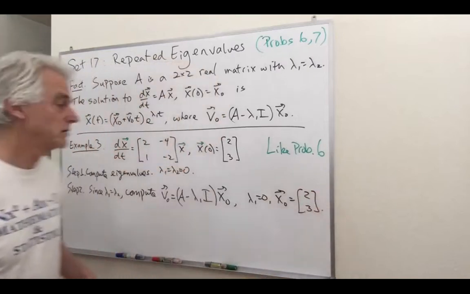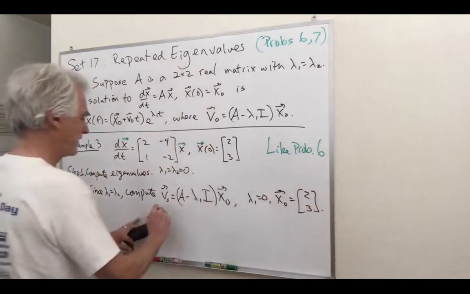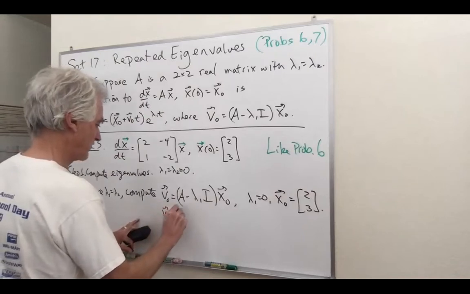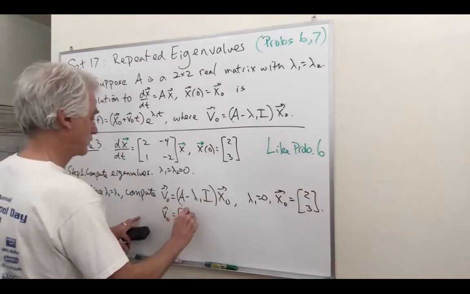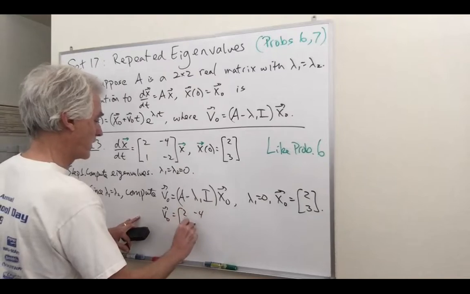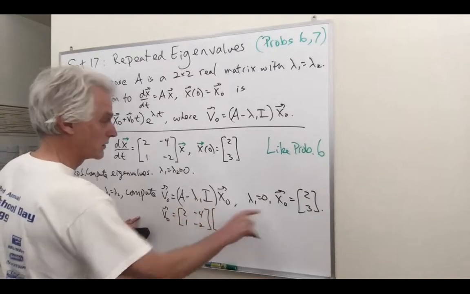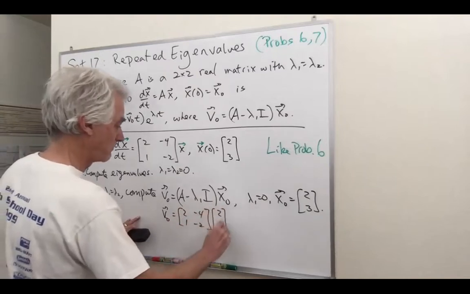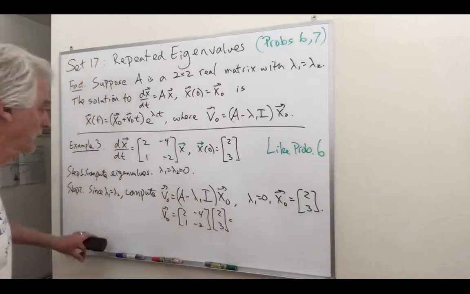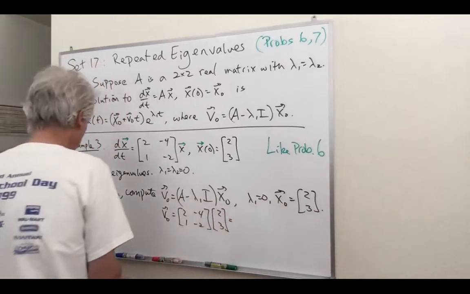The initial position. So that means that v naught is just the matrix A, 2, negative 4, 1, negative 2, times 2, 3. This takes a little bit of work.